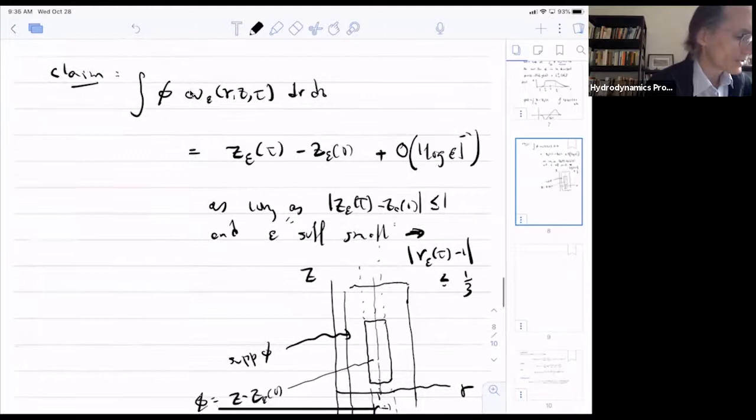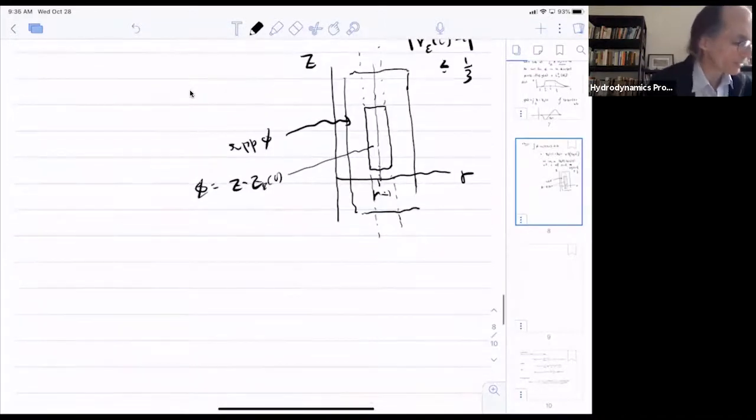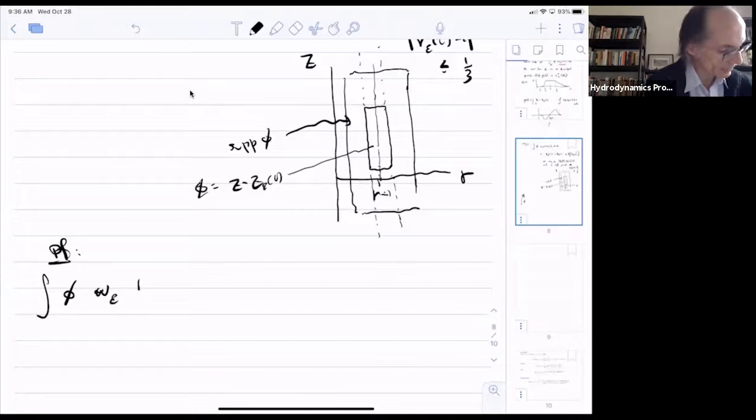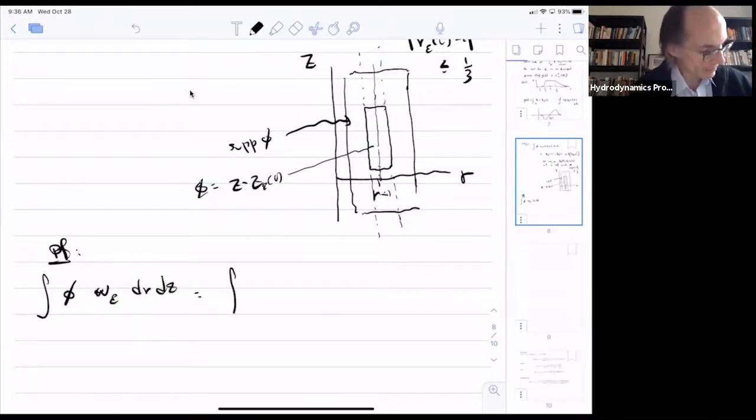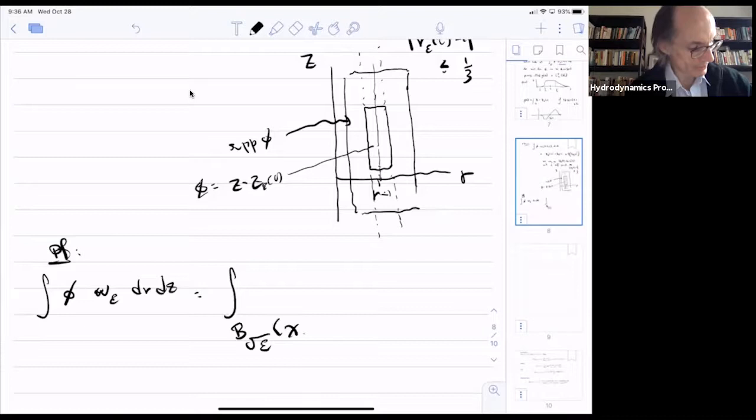Okay, and so here's the proof. Well, the integral of phi omega epsilon dr dz is, I want to integrate over the ball of radius, say, square root of epsilon around the point x star of tau.